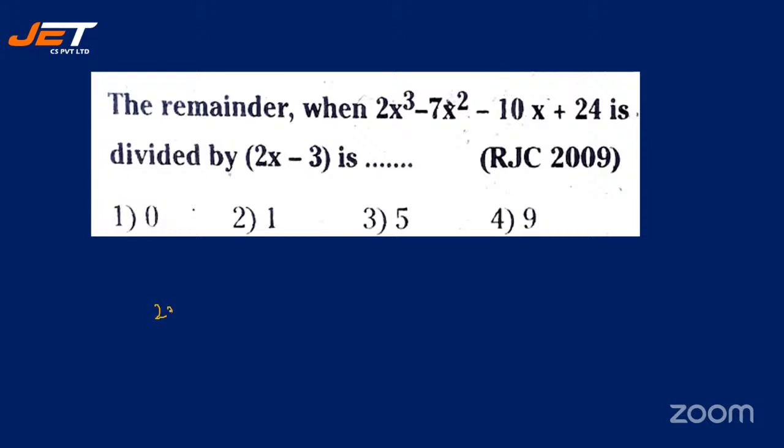Let's try the sum: 2x minus 3, 2x cube minus 7x square minus 10x plus 24. Always remember, students, if you do not have any one term also, we should add. Supposing you don't have x, then you should write plus 0x. All right. So now, yes, 2 into 1, okay, x square will give you 2x cube.